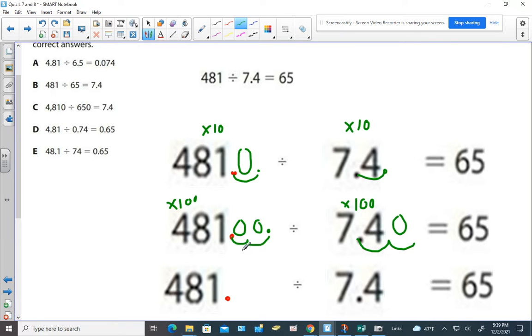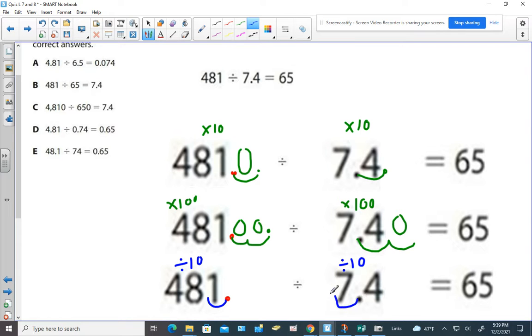Now keep in mind, we can also divide by the same power of 10. So instead of multiplying, what if we divided this by 10 and we divided this by 10? That would have the same result of it still equaling 65. As long as you're either multiplying or dividing by the same power of 10, we would always get 65. If we divide by 10, that's the same as moving the decimal 1 to the left.